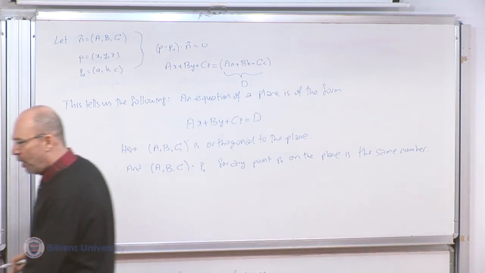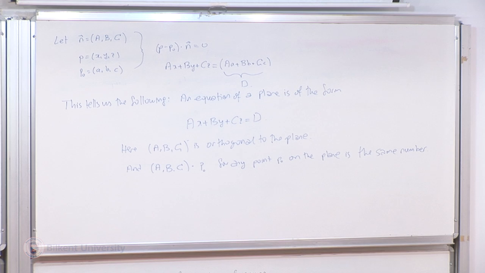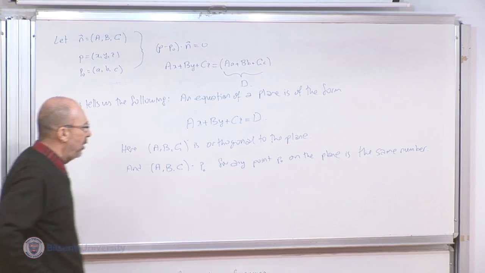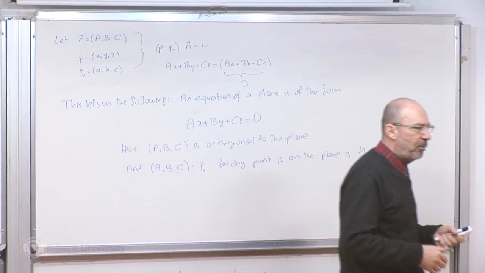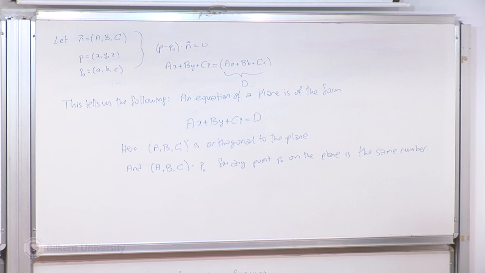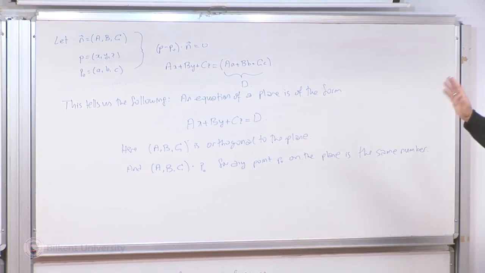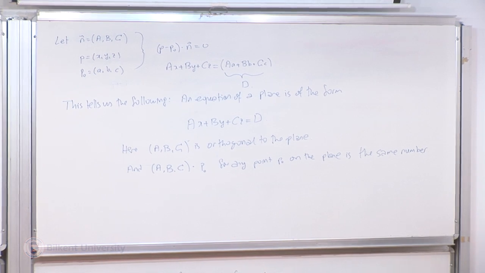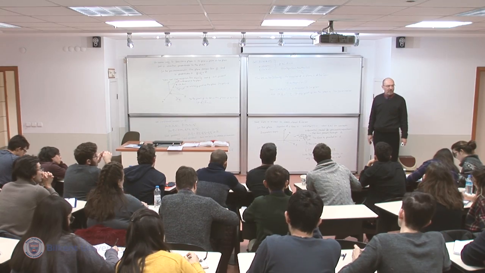So in order to write the equation of a plane, we need two pieces of information. You need a direction which is orthogonal to the plane, and you want a point on the plane. So how do we use this information, for example, to write the equation of a plane passing through 3 points? Since elementary school, we are told that 3 points determine a plane, and here we have some high-tech tool which tells us that we can write equations of this.